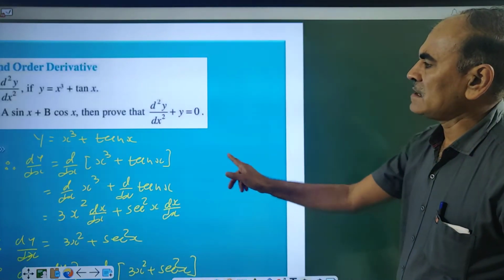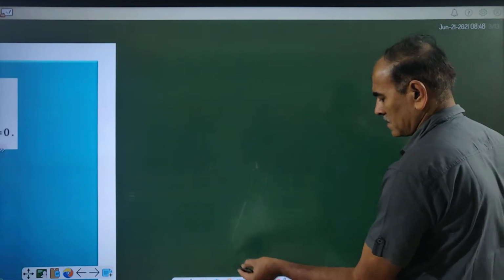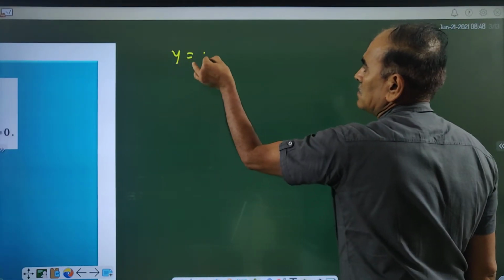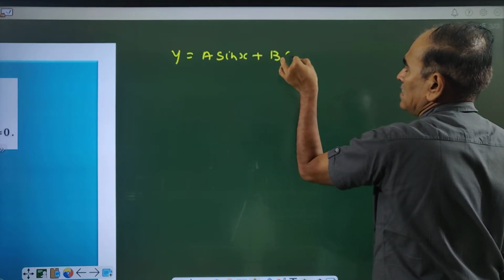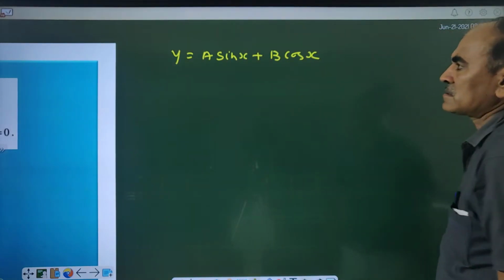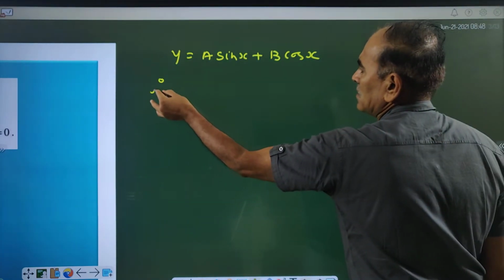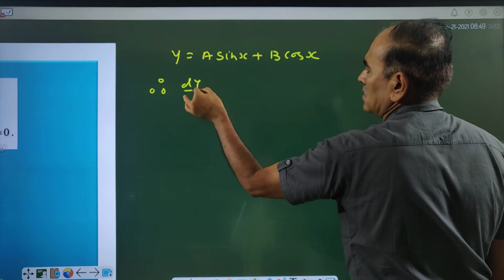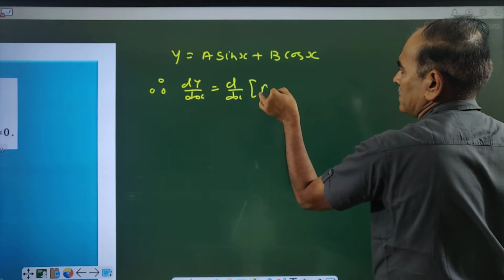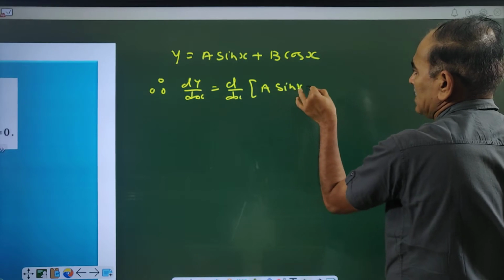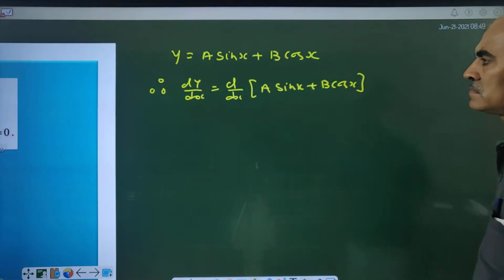So let us see, y is equal to a sin x plus b cos x. So differentiate with respect to x, d by dx of a sin x plus b cos x.